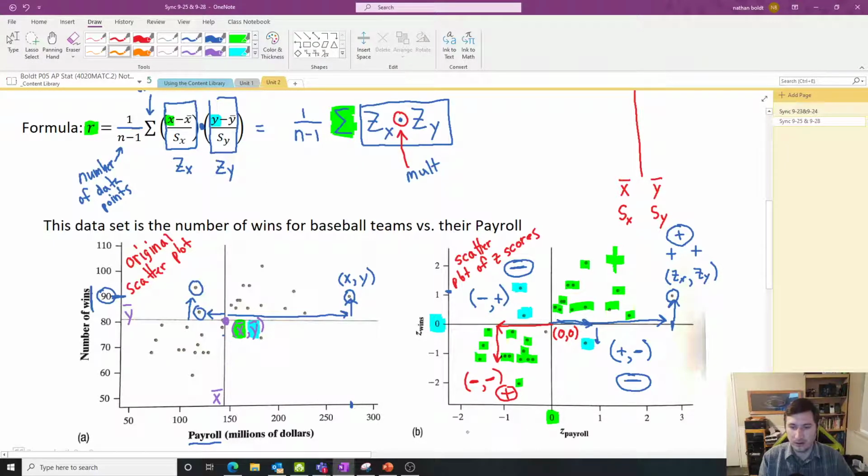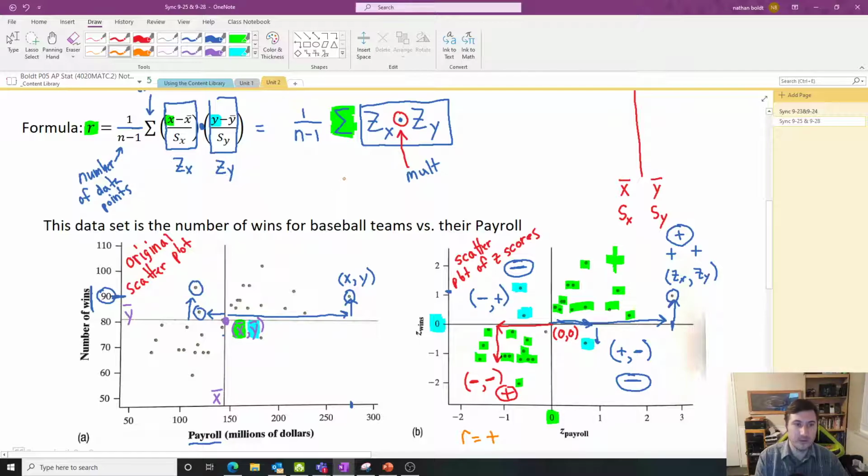All right, r is definitely going to be a big positive number. Well, less than 1 certainly, but r will definitely be positive because these positive results, which is a positive correlation, definitely outweigh the negative ones.